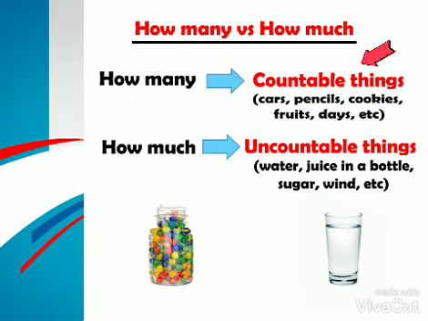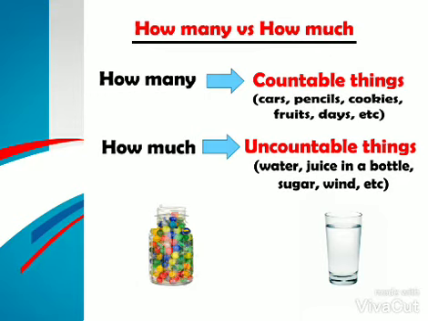For example, cars, pencils, cookies, fruits, days, etc. are countable nouns. But if we talk about uncountable things, we must use how much. Uncountable things or nouns are those relative things which you cannot count easily or is impossible to do it. For example, you cannot count water using a bottle, sugar, and wine.